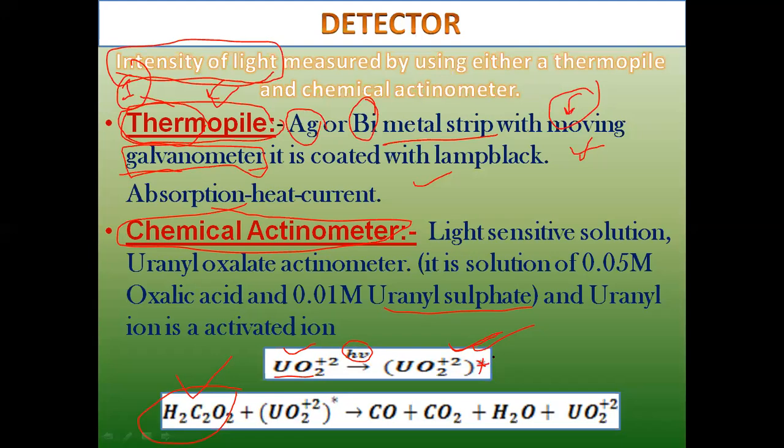It moves from its ground state energy level S0 to S1, S2, higher energy levels. From there it goes to the triplet energy level due to intersystem crossing, and in the triplet state this actinometer transfers its energy to the reacting molecule, and then the reacting molecule undergoes the reaction.